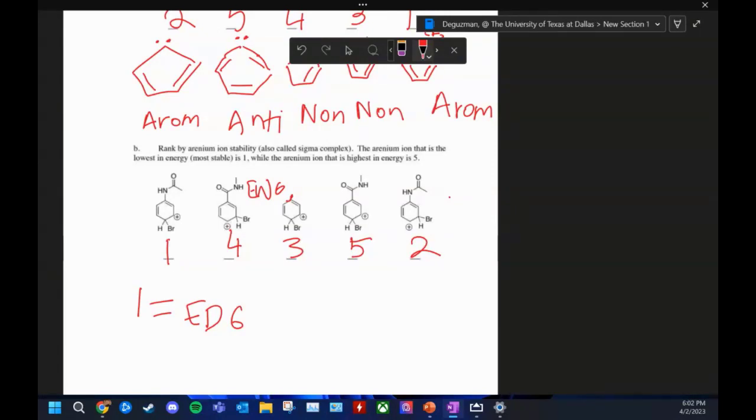Whereas the one on the very right, the positive charge only ends on the ortho position of that electron donating group. So because we have an electron donating group, having a positive charge right next to it will help it resonate that positive charge to the donating group, or delocalize electrons across that. Thank you.